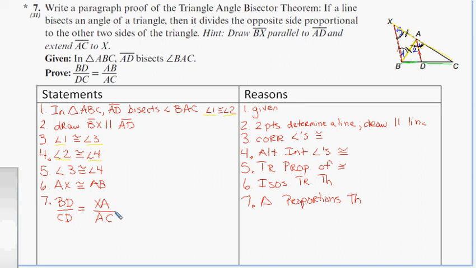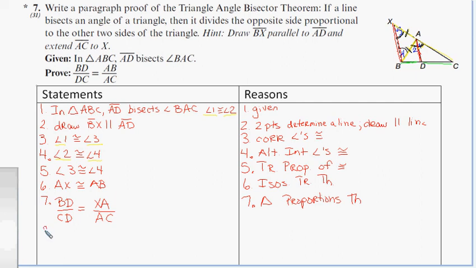Okay, so not the mid-segment theorem, but the idea that if this line is parallel to this one here, then these sides create two proportional triangles. Okay. So if you need some more clarification on that one, I'll be glad to help you with that.